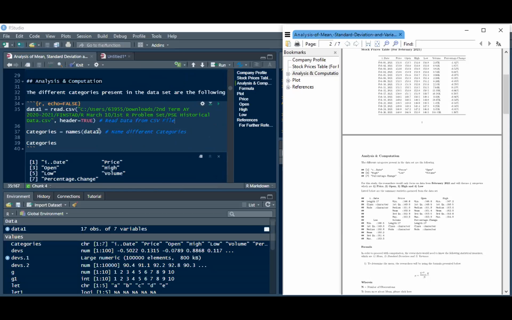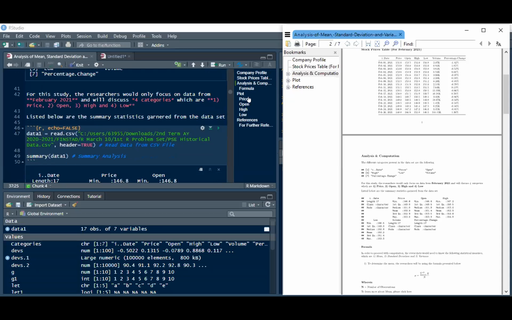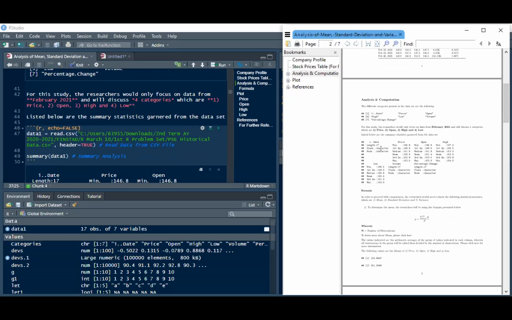Then we assign categories to be names of data 1. It gave us the categories, these 7. We also asked for the summary statistics. Here there is date, class, mode, and if it is a number, there is also the minimum, maximum, first quartile, median. It is generated if we use summary of the name of your data.